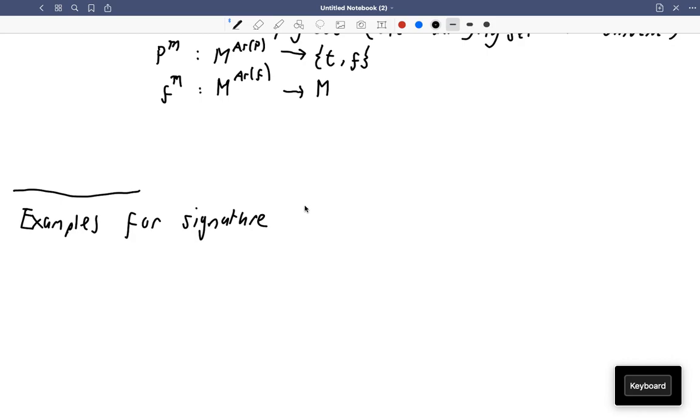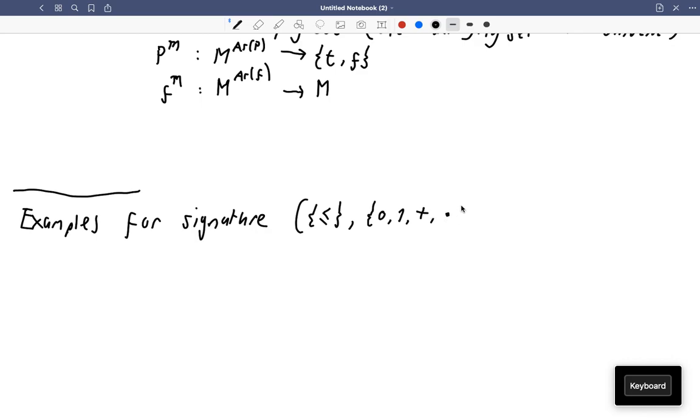Where we had the less than or equal relation as a binary predicate, so that's one with two arguments, and we had constants for 0 and 1. Remember, those are zero-argument, zero-arity function symbols, those constants, and plus for addition and times for multiplication.